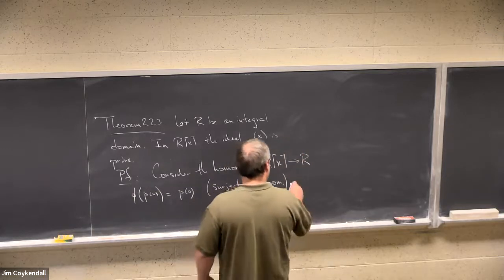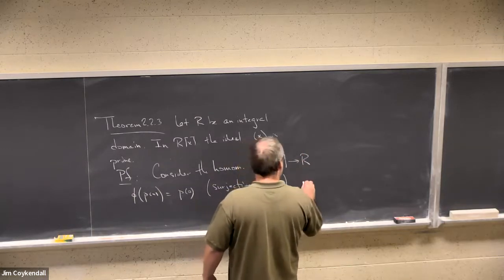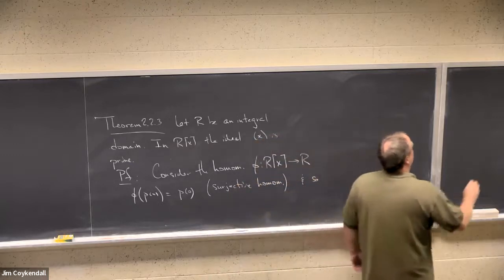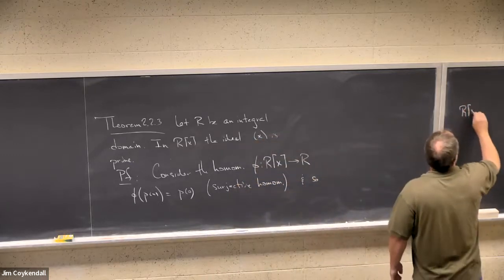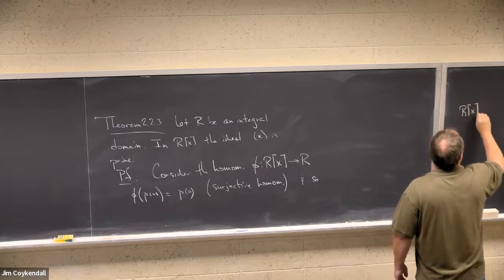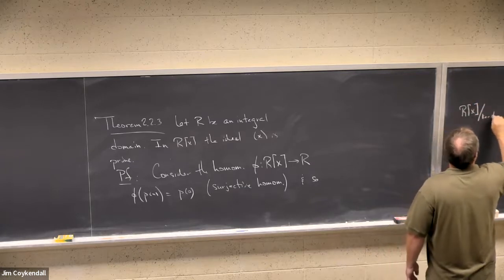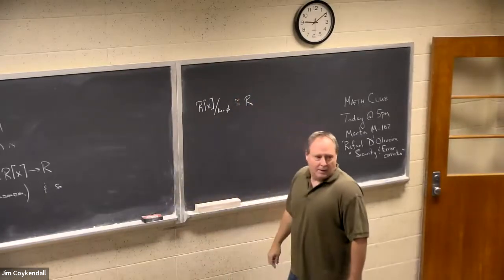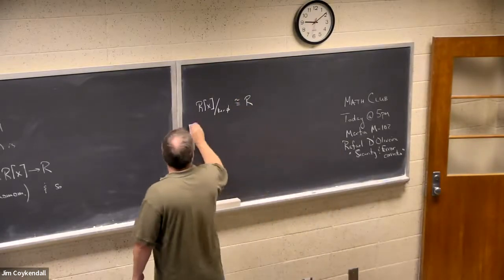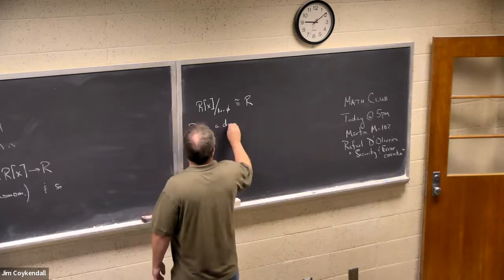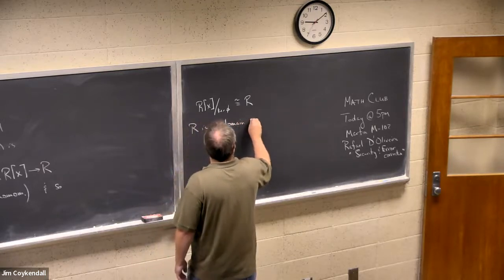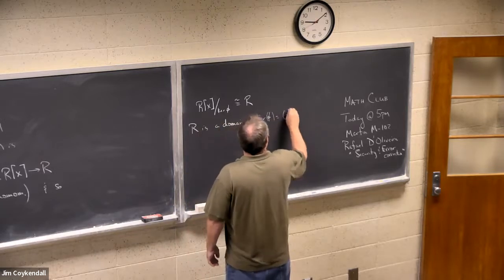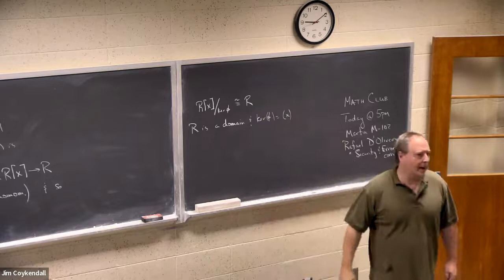And so R[[x]] mod kernel phi is isomorphic to R. R is a domain, and the kernel of phi is easily seen to be the ideal generated by x, right?